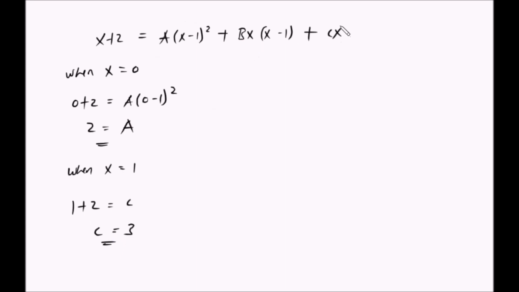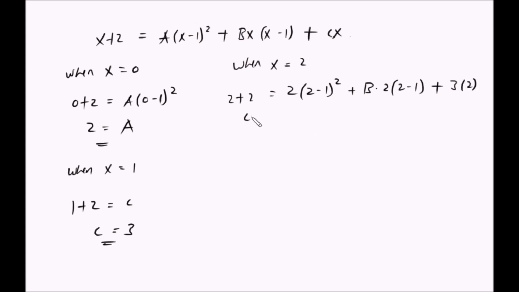I cannot eliminate a and c to get b, so I'm going to insert any value. I choose 2. So I remain with 2 plus 2, which is 4. Remember a is 2, we already got it, plus b, which we are looking for, and plus c which is 3, with x equal to 2. So we have 4, and 2 minus 1 is 1, 1 squared is 1, 1 times 2 is 2, 2 minus 1 is 1, 1 times 2 is 2, plus 6.